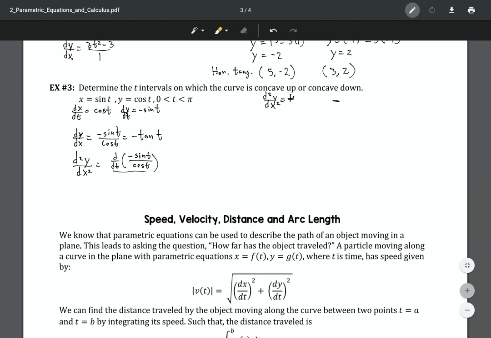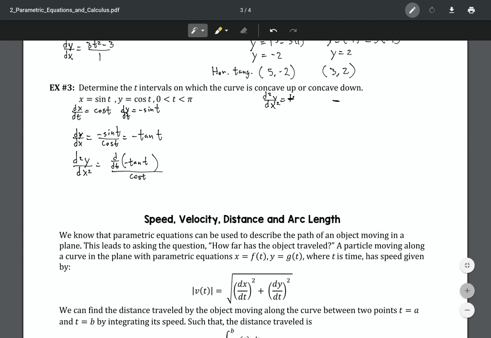All of that divided by the derivative of x with respect to t, which is cosine again. I'm sorry, I'm going to keep it as negative tangent again because I want to be able to take the derivative right away. So the derivative of negative tangent is going to be negative secant squared.